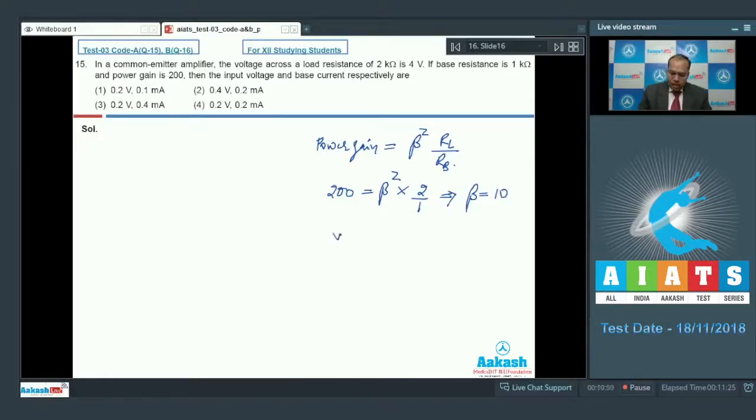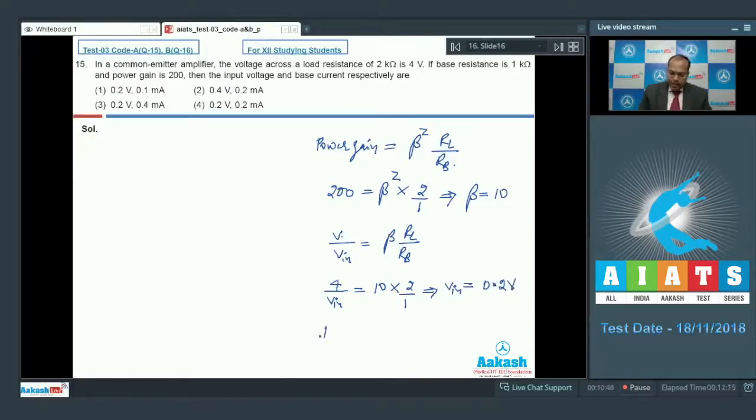So voltage gain, output voltage divided by input voltage, is equal to beta into RL upon RB, and we have to calculate the value of input voltage. Output voltage is 4 divided by V input, which is equal to beta, that is 10 into 2 by 1. From here the input voltage comes out to be 0.2 volt.